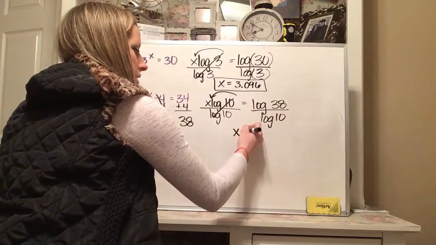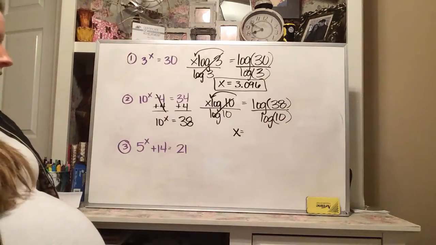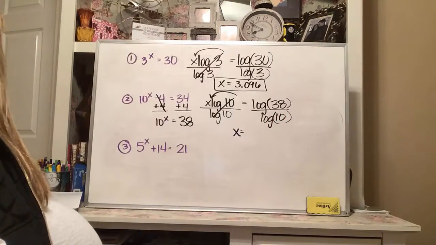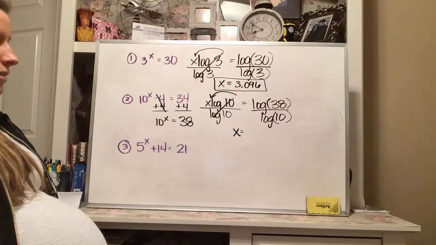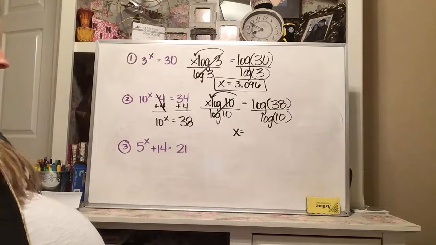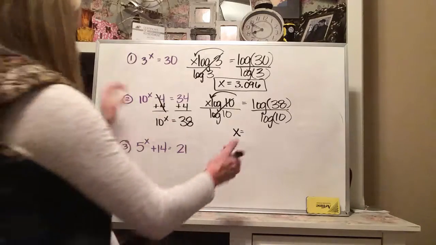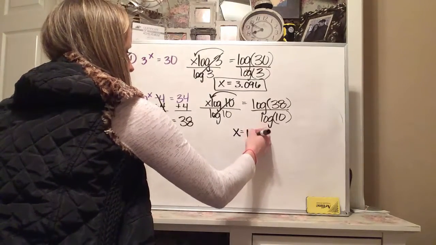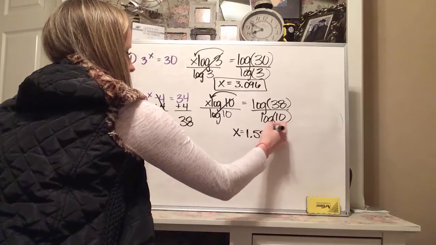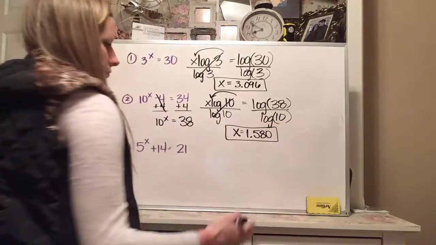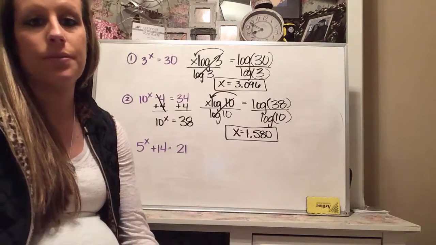I want you to punch that in your calculator: log of 38 divided by log of 10, rounded to 3 decimal places. So you should get 1.580.